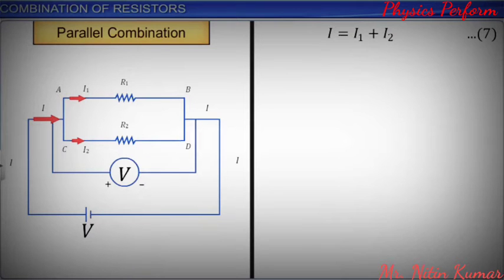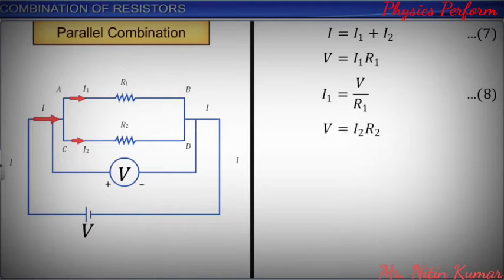Applying Ohm's law across R1 and R2 individually, we can write V is equal to I1 into R1 and I1 is equal to V by R1. Let this be equation 8. Voltage V applied across the two resistors is the same as they are connected parallel to the same battery.